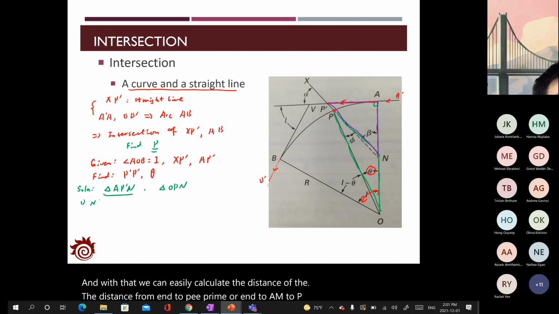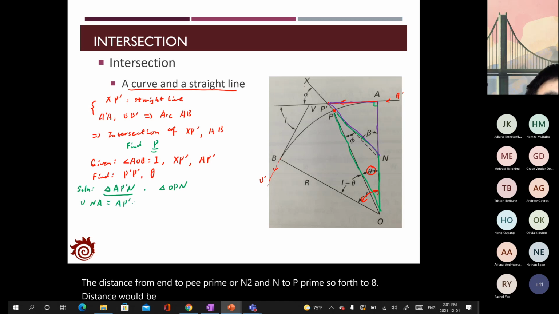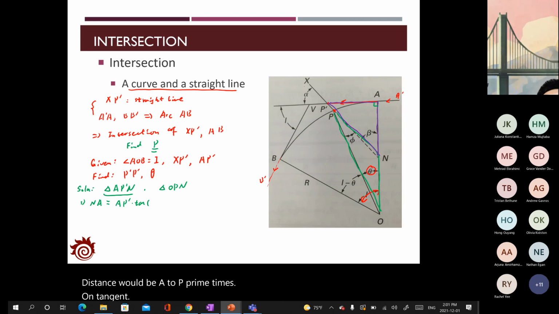So for N to A, the distance would be A to P prime times tangent alpha, assuming that this one is alpha. Tangent alpha.